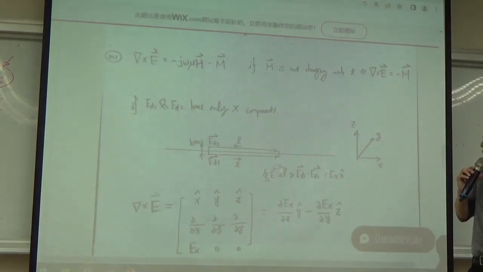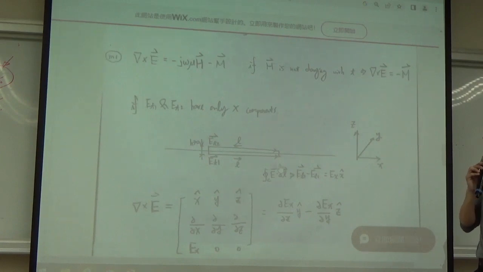Let's think about that. Will EX be the same according to Z, or will EX be the same according to Y? EX will not change according to Z, or EX will not change according to Y.